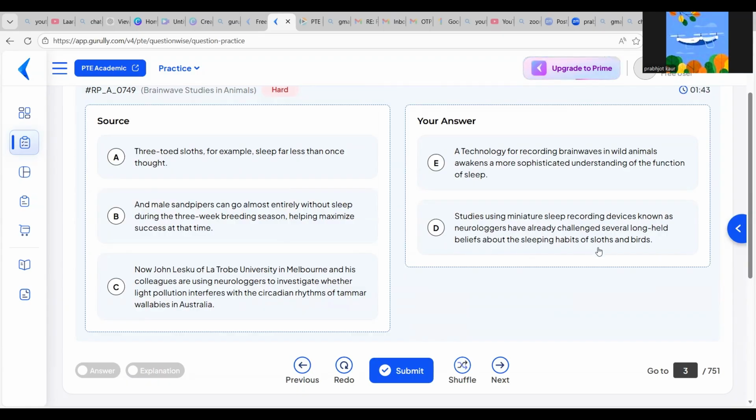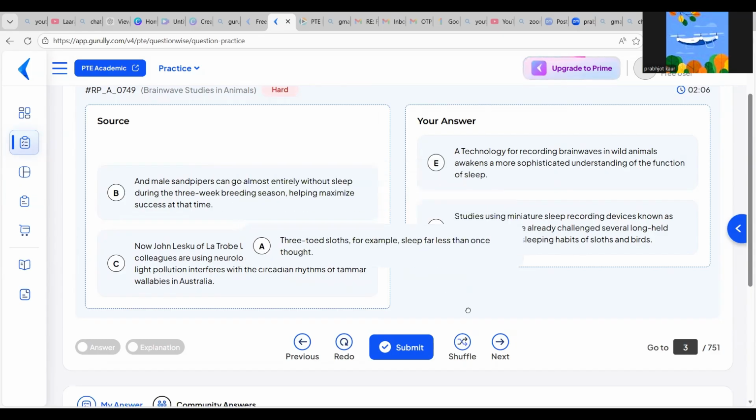Sleeping habits, sloths, and birds: these are keywords. "Sloths, for example, sleep far less than once thought." So after that, this one.